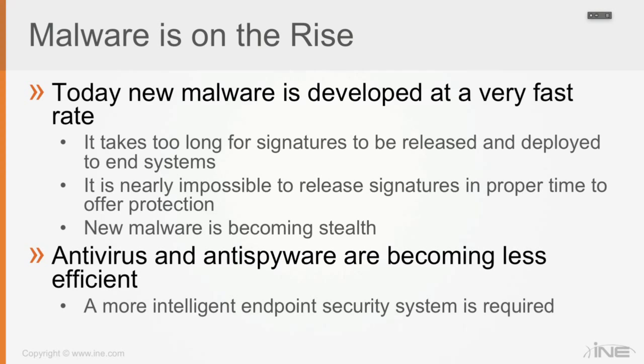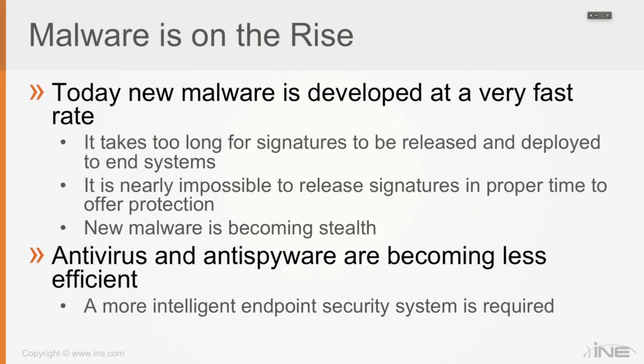So they're becoming less and less efficient, which means ideally on the endpoints we need a more intelligent endpoint security capability, so that we can keep up and detect, prevent, and stop new malware in time from infecting our endpoints.